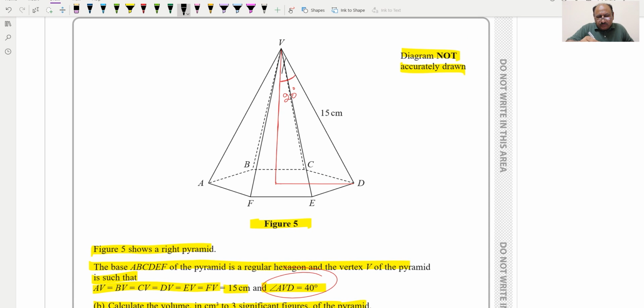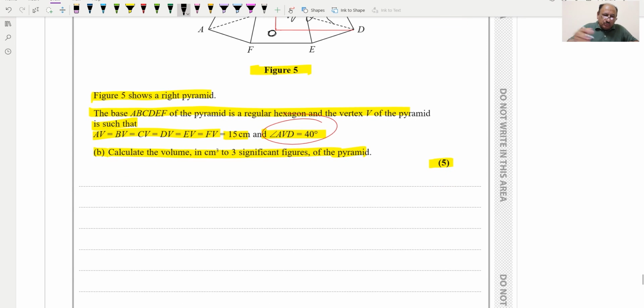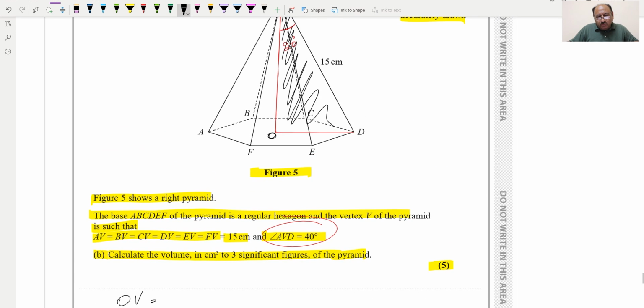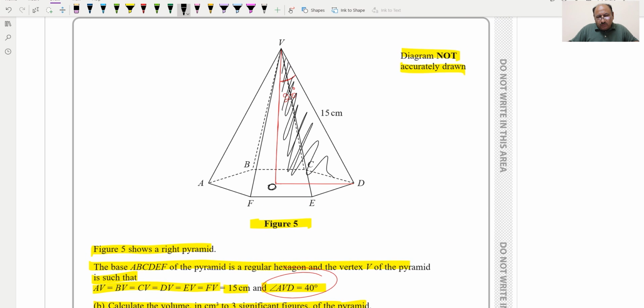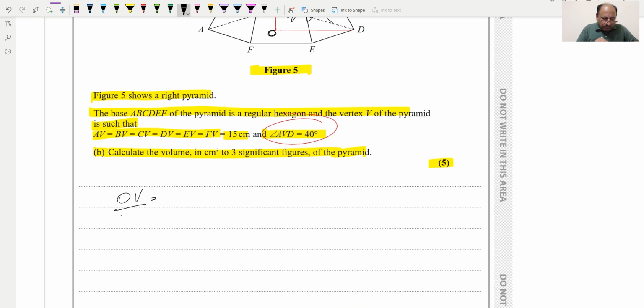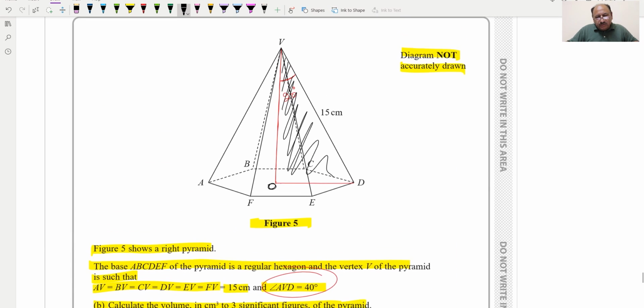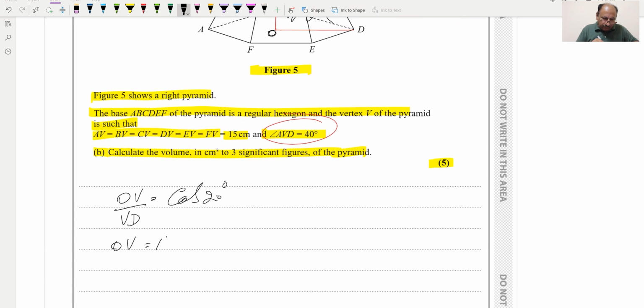We can consider this triangle which we are shading. Taking this point as O, cos of 20 degrees will be equal to OV over VD, and VD we have, which is 15.